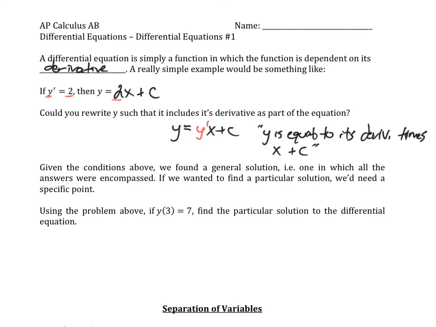But if we wanted to find a particular solution, we would need a specific point, okay? So using the problem above, if y of 3 equals 7, find the particular solution to this differential equation. Again, we know that y is equal to y prime x plus c. And I know in this particular solution, when x is 3, y is 7.